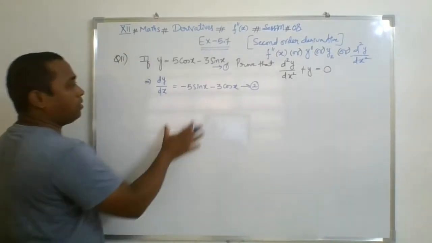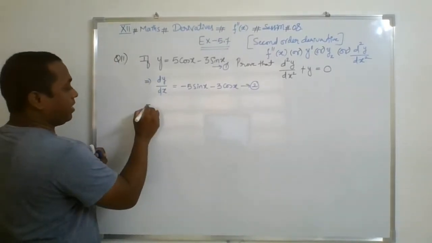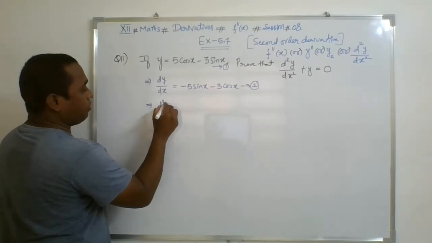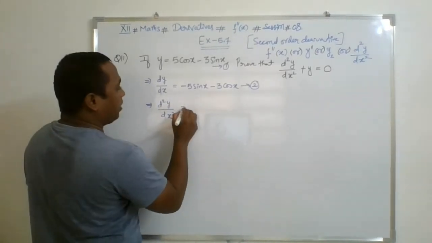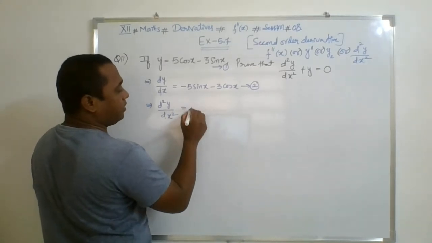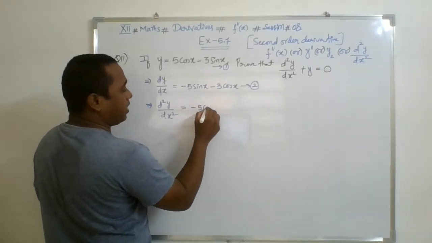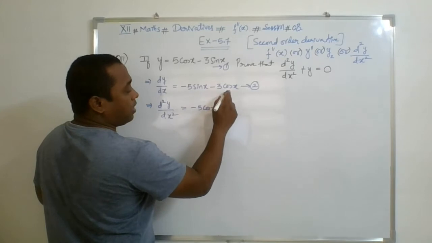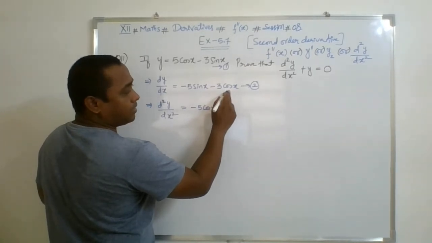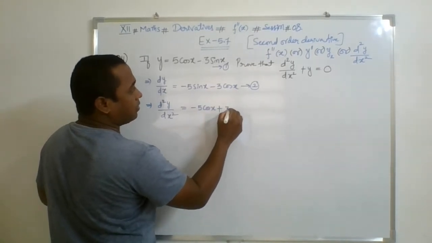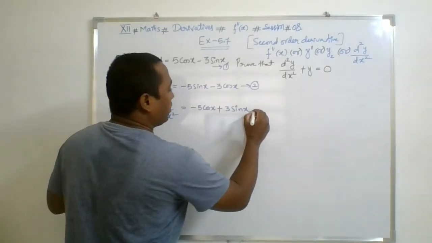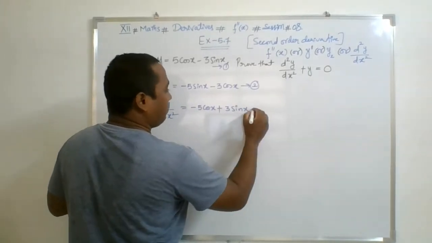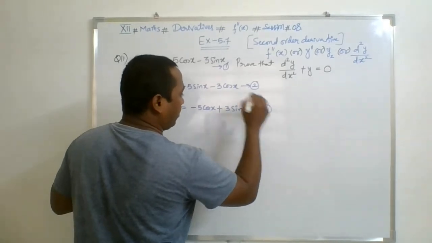And then go for the double derivative, denoted by d square y by dx square, which is equal to, sin x derivative is cos x, so minus 5 cos x, and cos x derivative is minus sin x, it becomes plus 3 sin x, right? So this is the double derivative, we can say it's result number 3.